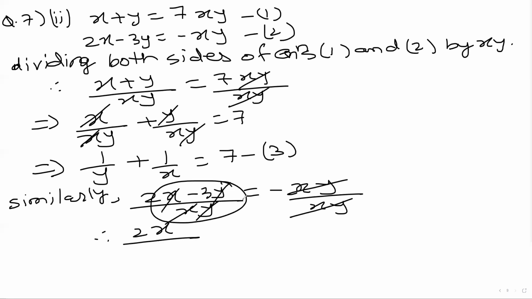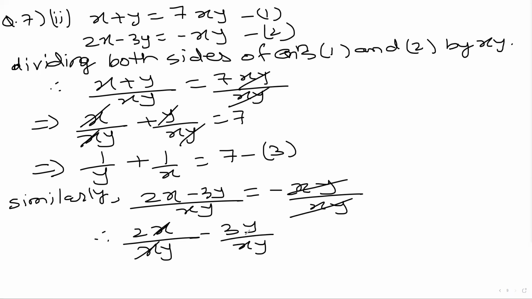This is absurd. You have to separate the denominator first and then you have to cancel. So x cancelled here because common factor, y cancelled here, common factor. Here there is nothing, meaning 1, -1. So in fact you get 2 upon y minus 3 upon x is equal to -1. This is, let's say, equation 4.